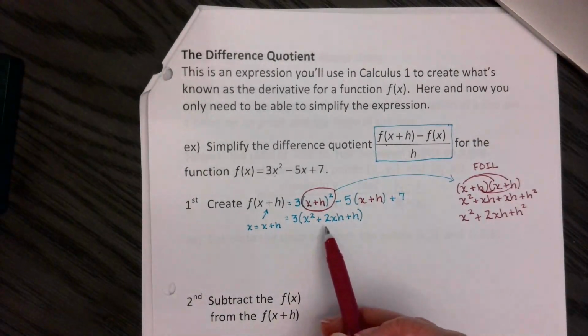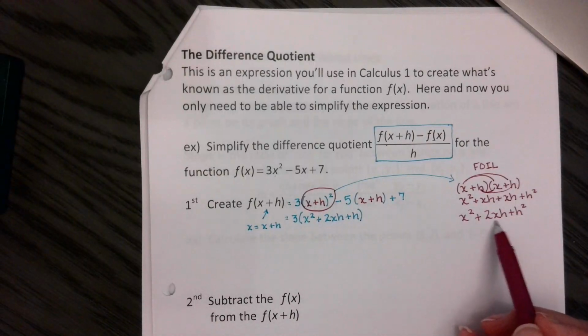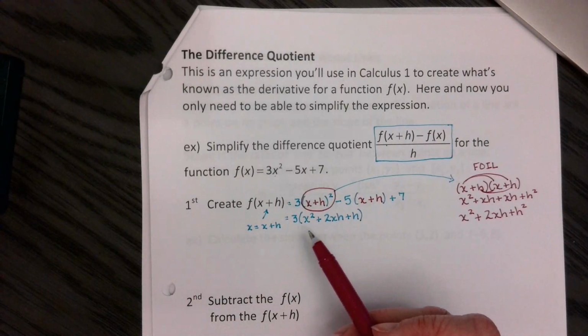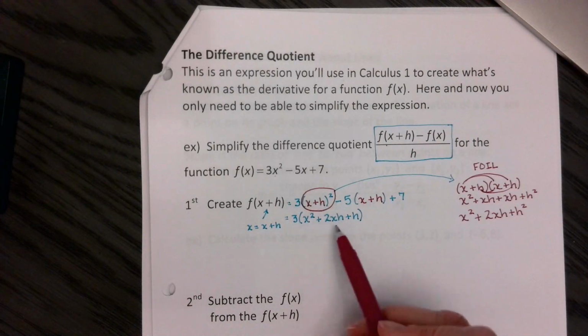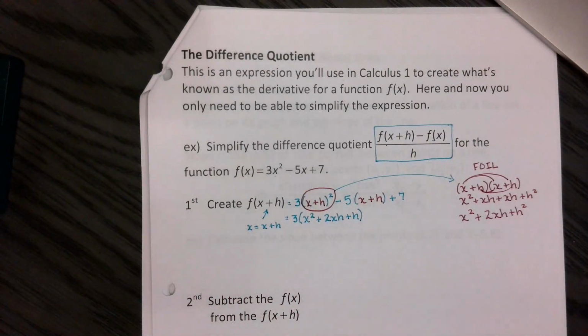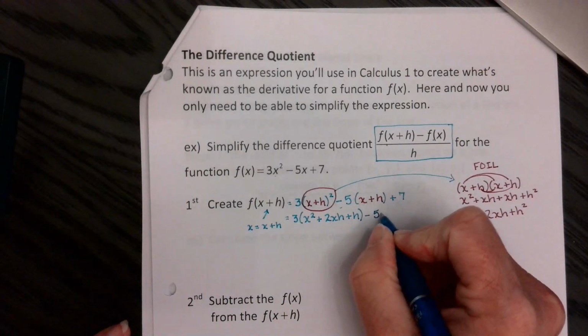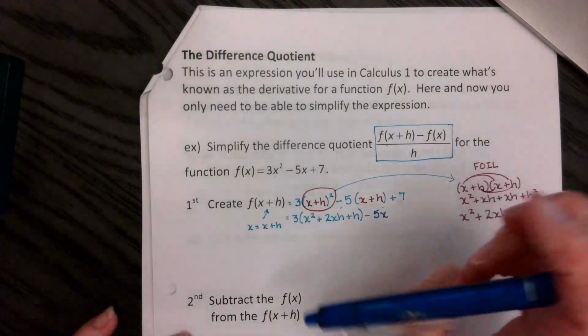That's what I do, because I know the shortcut to it. The shortcut to get this middle term right here is to multiply these and then multiply them by 2. X times h times 2. That's what I got here. Now, I'm going to bring this down. Minus 5. Oops.